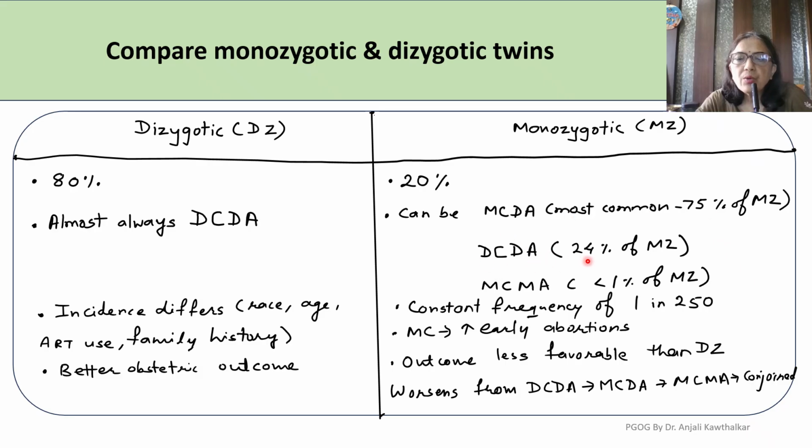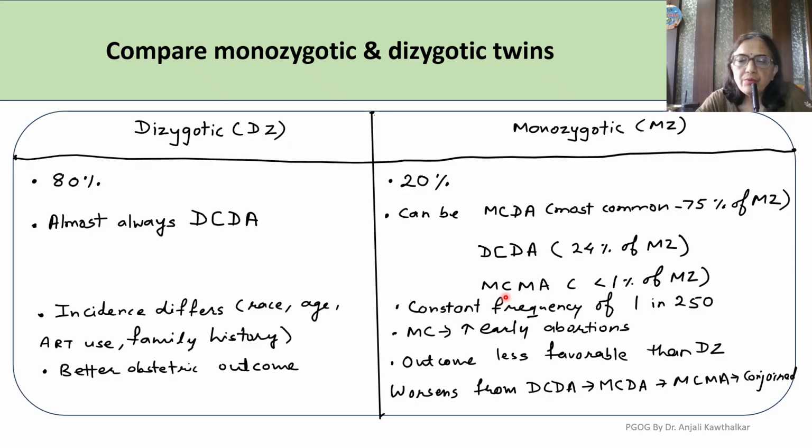Dichorionic diamniotic is around 24% and less than 1% are monochorionic monoamniotic. So remember that in monozygotic, monochorionic diamniotic is most common, dichorionic diamniotic is less common, and the rarest is monochorionic monoamniotic.